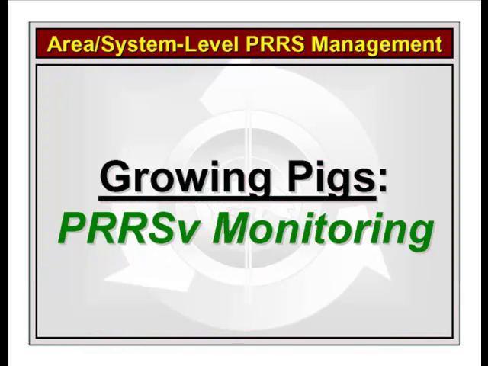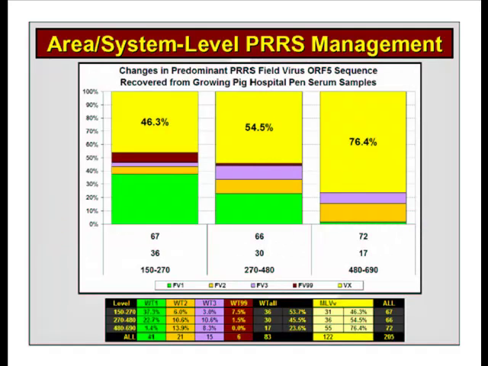Monitoring of growing pigs. One of the things we've looked at and measured in the past is the shift in field virus population over time. Each of these periods is about a 7-month turn of a pig pipeline. This percent up here is vaccinated pigs, the percent of vaccine sequences, and these are the field virus sequences over time.